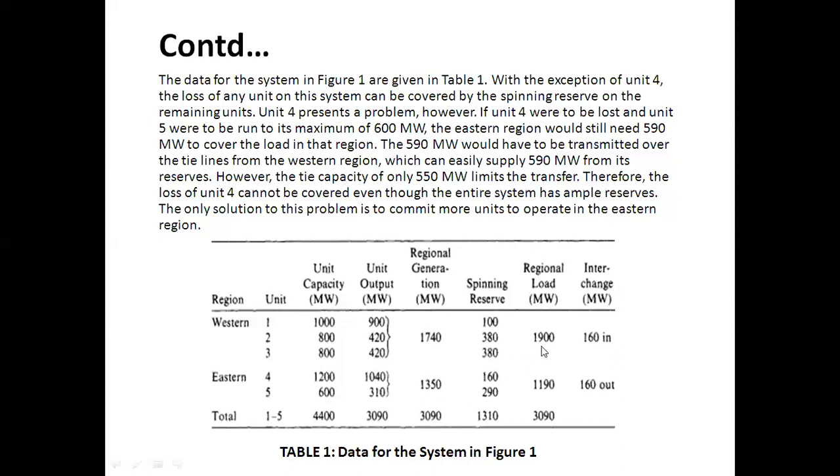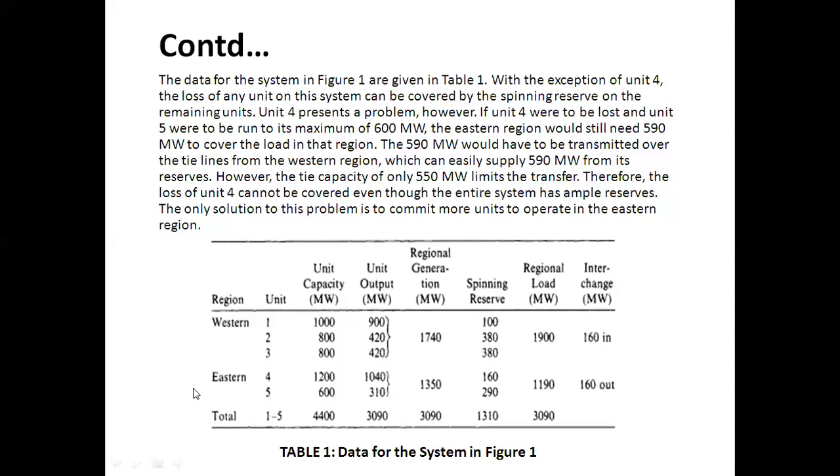Now, the regional load demand for the western region is 1900. But the western region is generating only 1740. So, in order to meet the 1900 load demand, this region has to take some power from the eastern region.